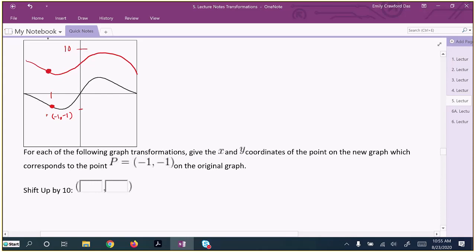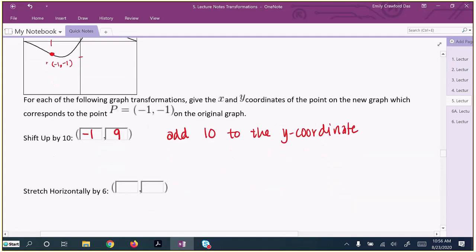Did the x-coordinate change or did the y-coordinate change? Clearly just the y-coordinate has changed. So we are going to add 10 to the y-coordinate, and that's evident from the picture. The x-coordinate is still -1. The y-coordinate is -1 plus 10, which is 9.